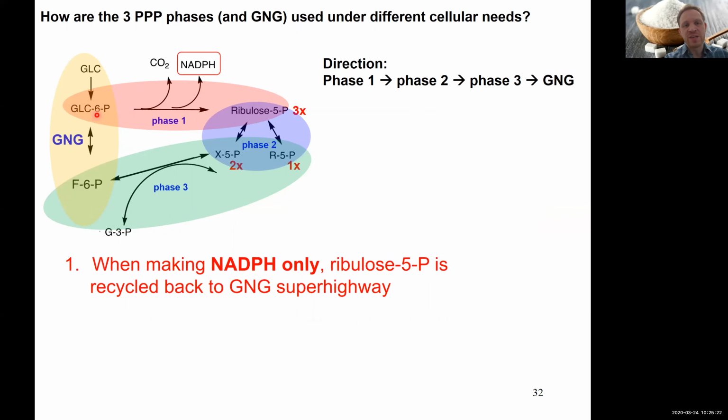So running the full phase 1 to make our NADPH, and then we are running the full phase 2 and full phase 3 to go back to our C6 and C3 intermediates, and we're using GNG to go back from fructose-6-phosphate to glucose-6-phosphate. So under these circumstances, the PPP and parts of GNG function as a cycle. The product is NADPH, and we're recycling 5 of our 6 glucose-6-phosphate molecules that we're bringing in. So it's really efficient in using sugars to generate NADPH.